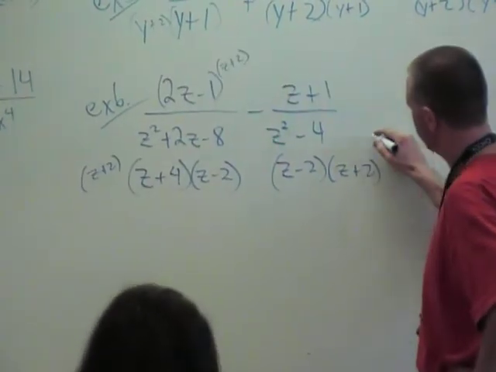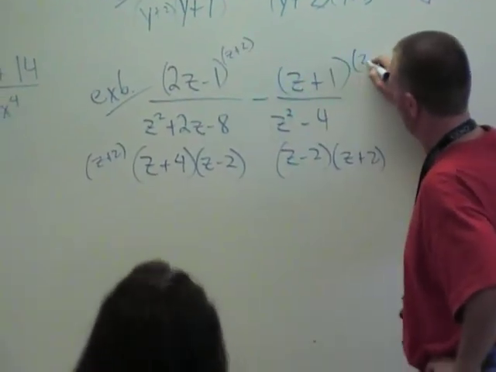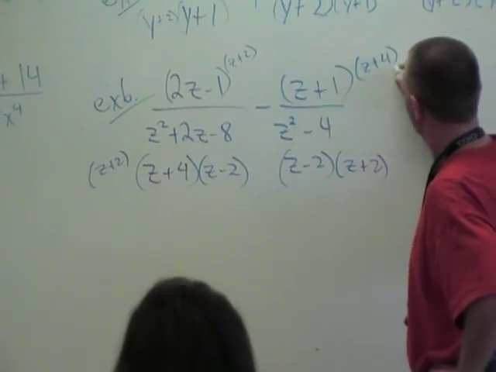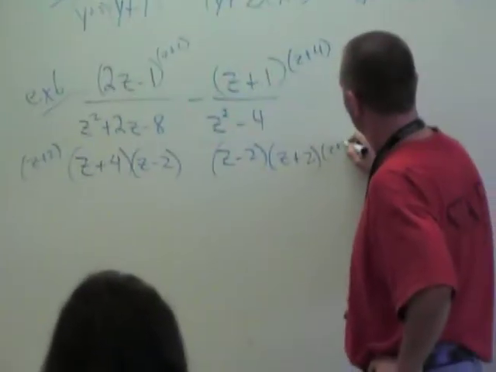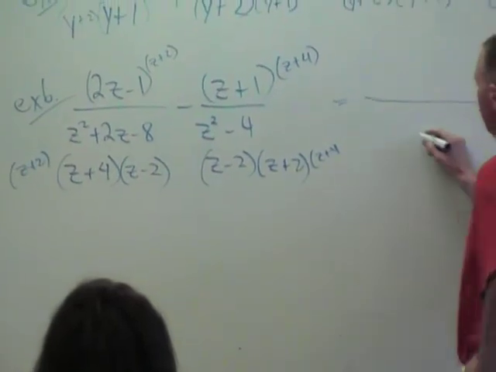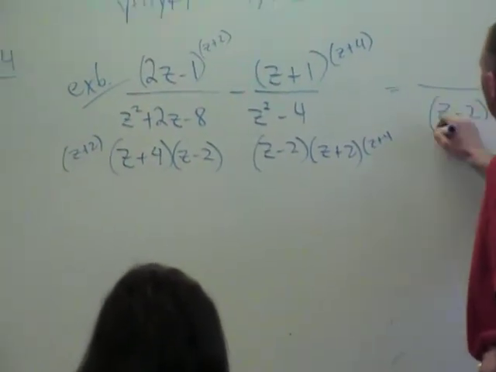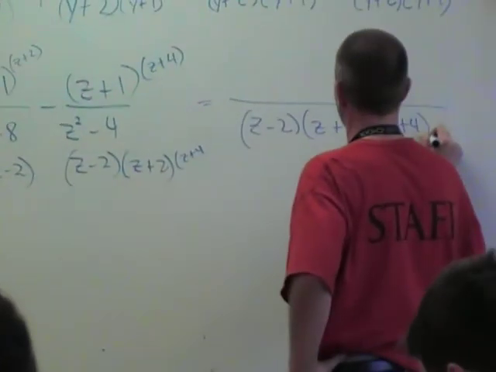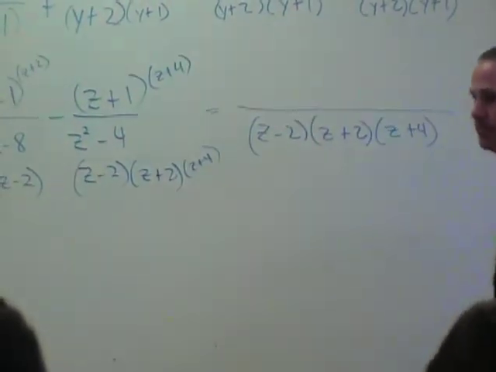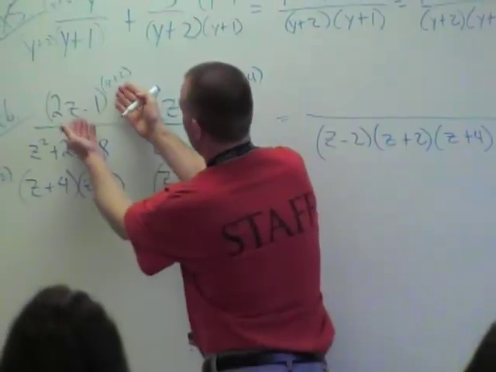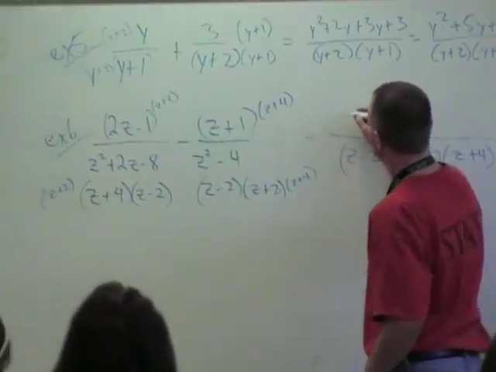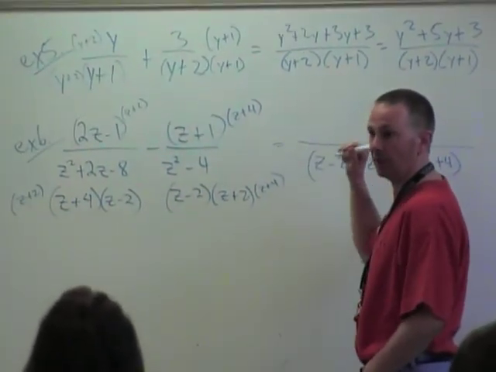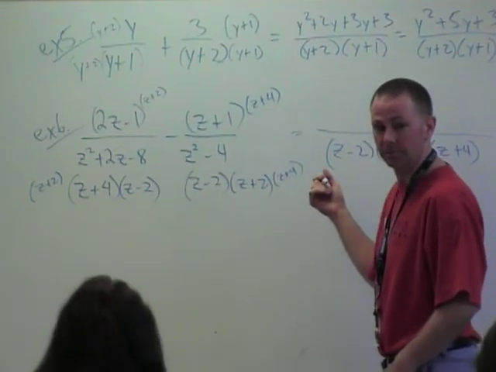And over here, this has to be multiplied by z plus 4. Alright, so your denominator is z minus 2, z plus 2, z plus 4. Oh gosh. So now you need to do FOIL up here and FOIL over here. Everybody do that? I'll write it up here. And then combine like terms.